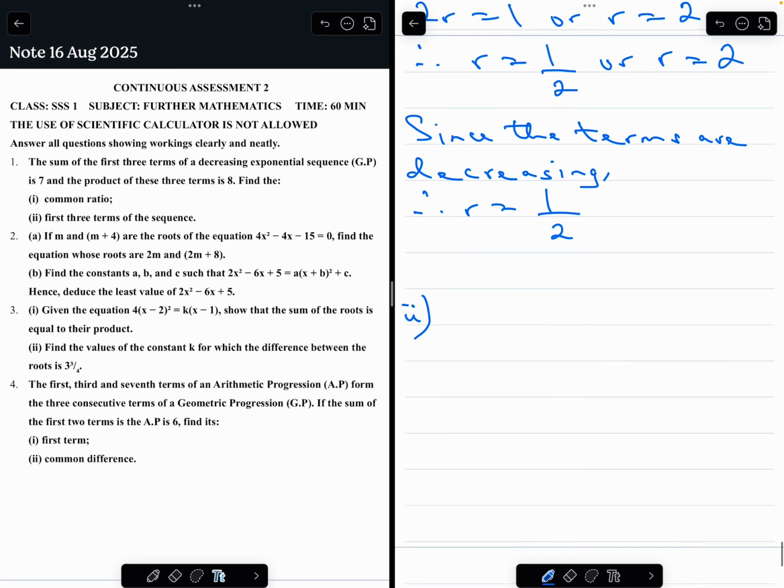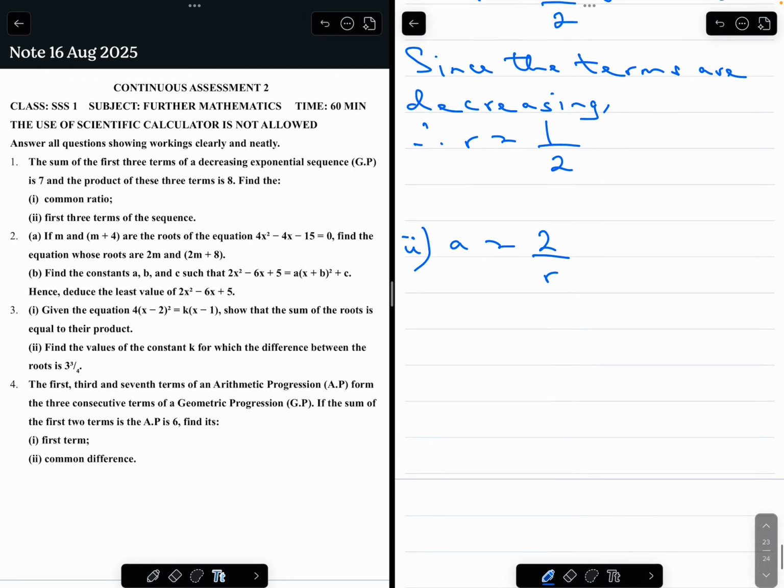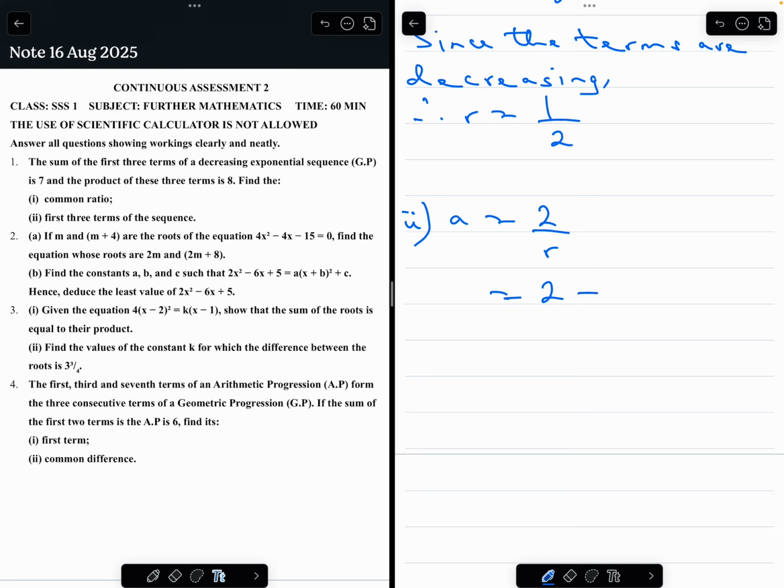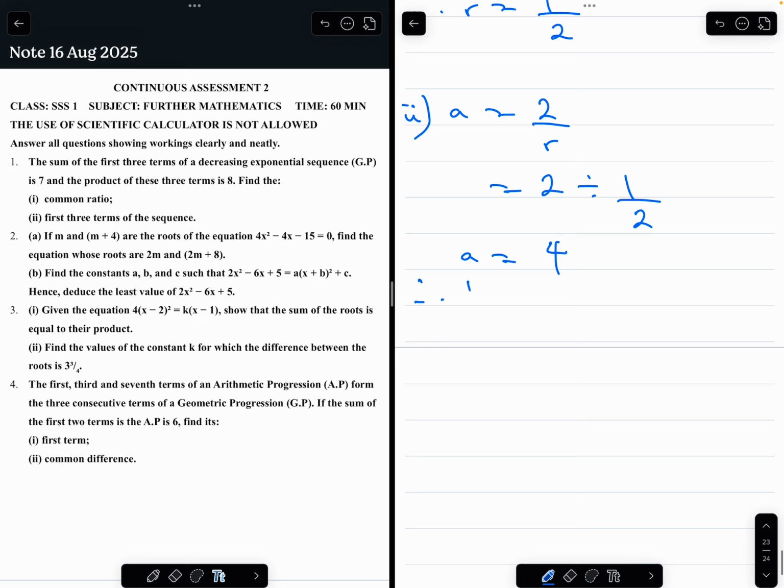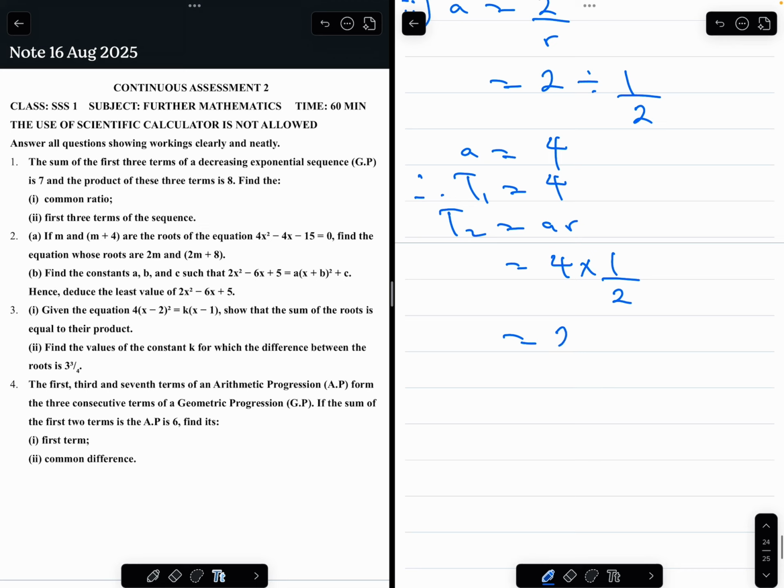And now to Roman figure 2, which says, find the first 3 terms of the sequence. A is 2 over R, and that simply means 2 divided by 1 over 2, which is 4. A is 4, so T1 is 4, and T2, which is AR, will be equal to 4 times 1 over 2, which is 2.